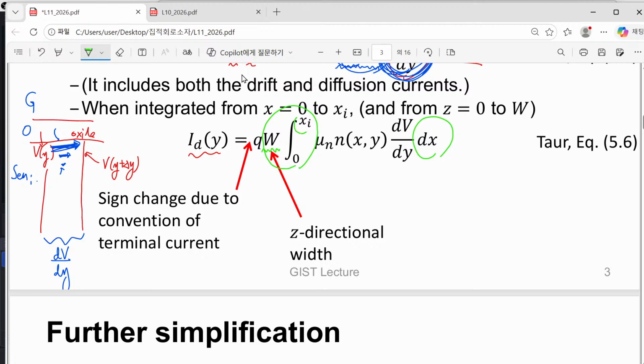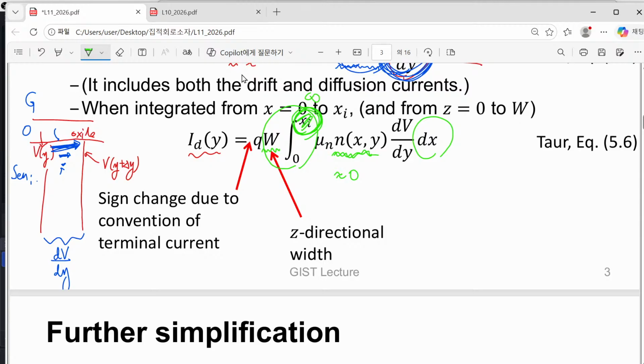However, here I'm saying that it is not expanded up to positive infinity. It just covers somewhere deep enough, just far enough away from the interface. That is enough to consider all kinds of electron contributions, because if we expand it to infinity, we will have a really negligible contribution from our electron density, and that does not contribute to our drain current. Okay, are you with me?